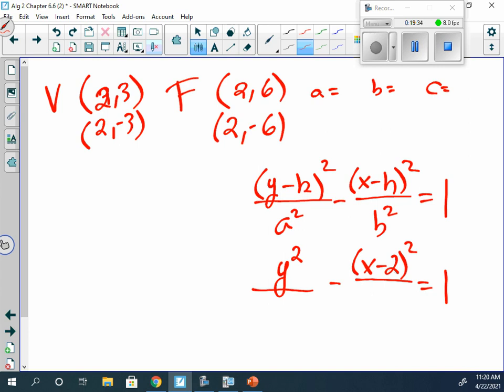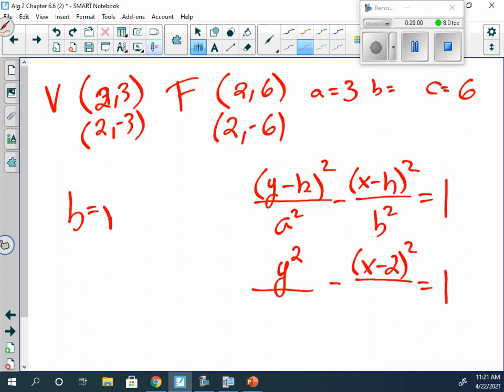Now we need to find a and b. Well, since we know k is 0, vertices is dealing with a, well, what plus 0 is 3? 3. And what minus 0 is negative 3? 3. Same thing with c, we would get 6.